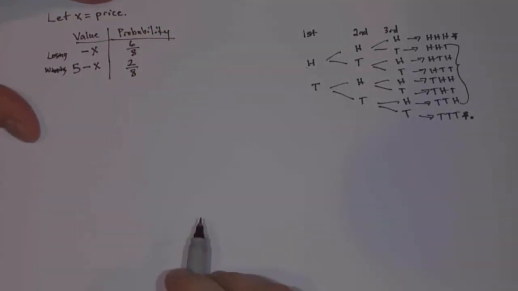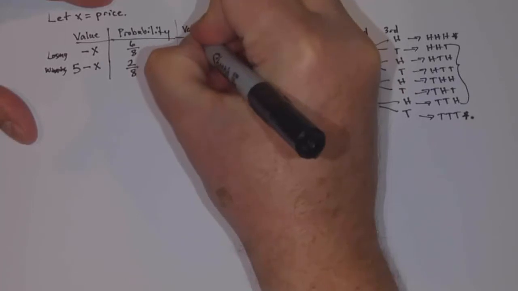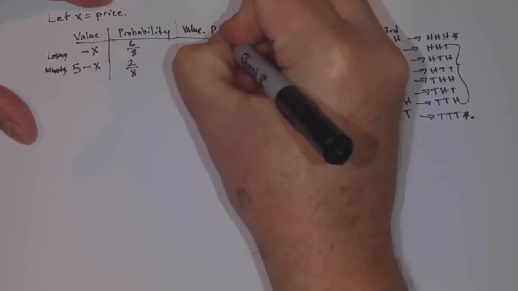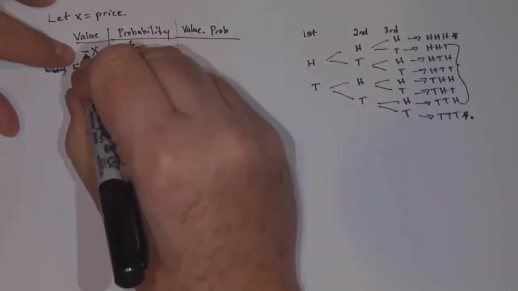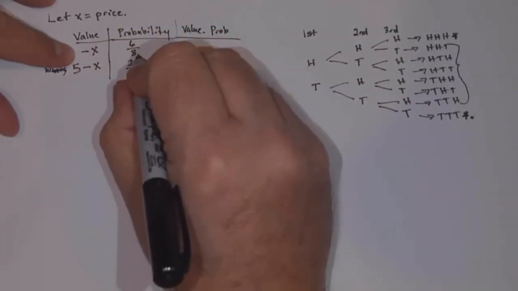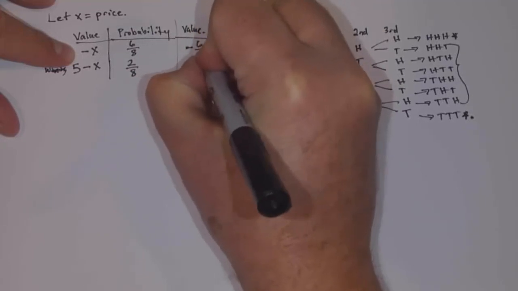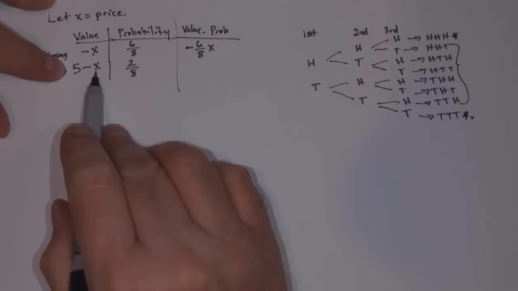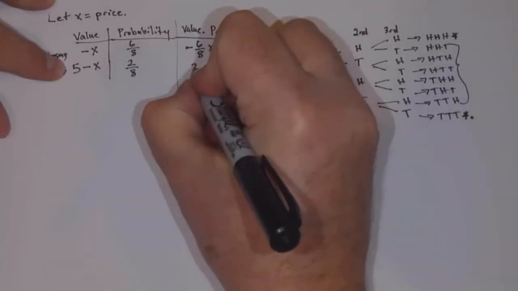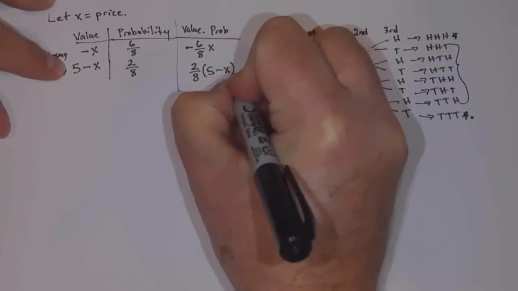So our expected value, I'm going to take the value times the probability, and I'm going to add those up. So I'm going to take my value, negative x, times 6/8, and so that would be negative 6/8 times x. And I'm going to take my value, 5 minus x, times 2/8, and so that's going to be 2/8 times the quantity, 5 minus x.